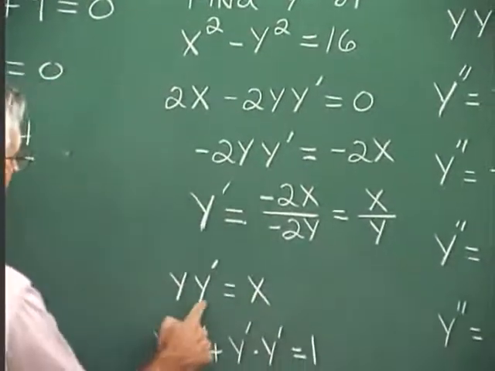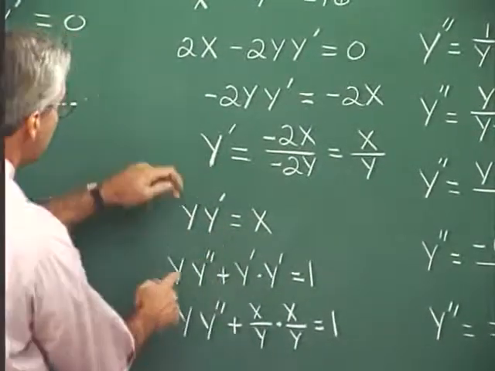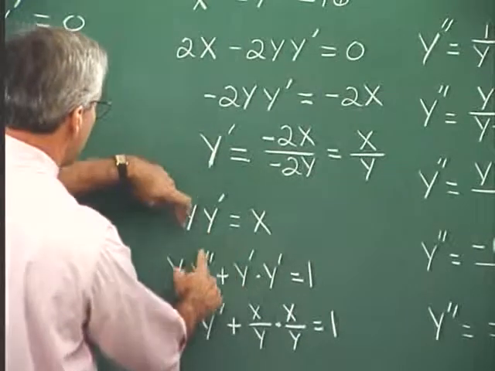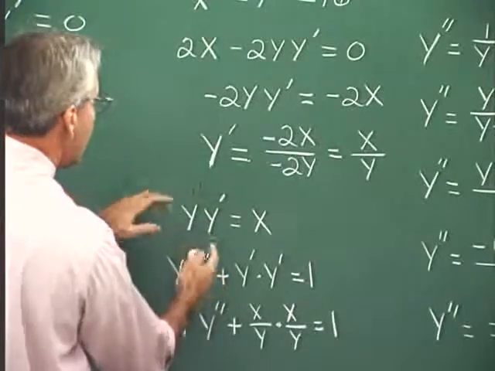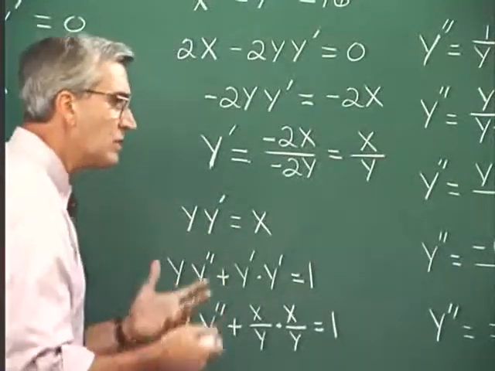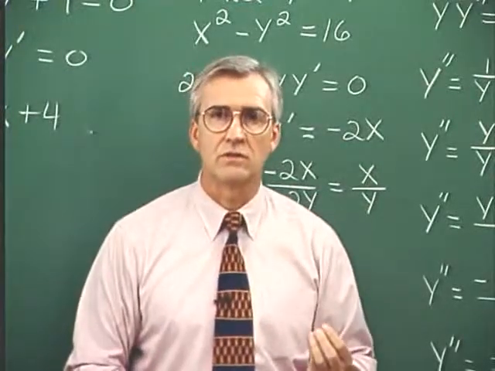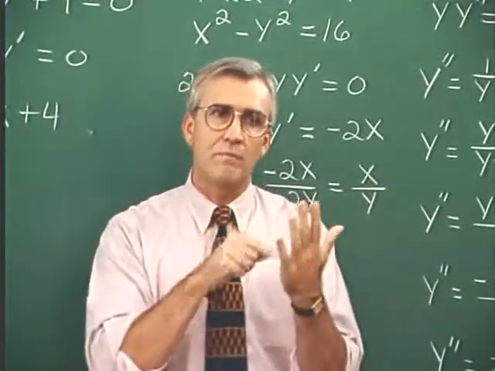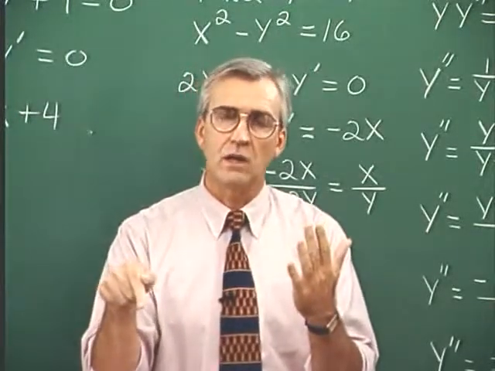All right, so we have y times y prime equals x, and now by the product rule, I'm thinking y times the derivative of y prime. Well, the derivative of y prime is just 1. I mean, think about, see, it doesn't make any difference. If you're dealing with a letter other than x, then you use the basic rules and then tack on the kind of derivative that you're talking about.